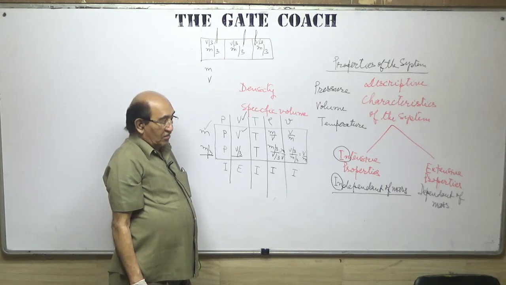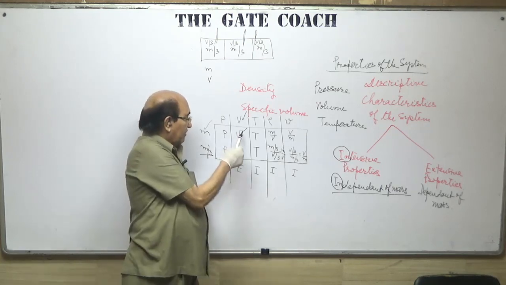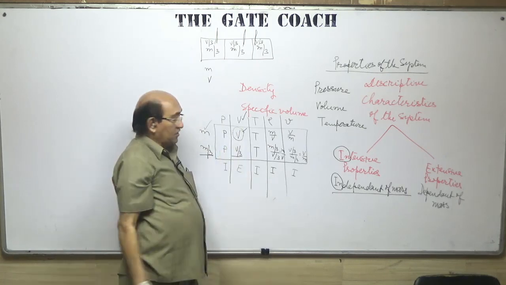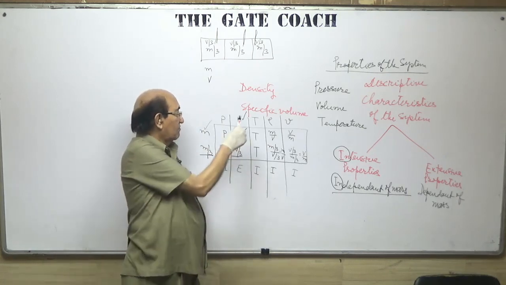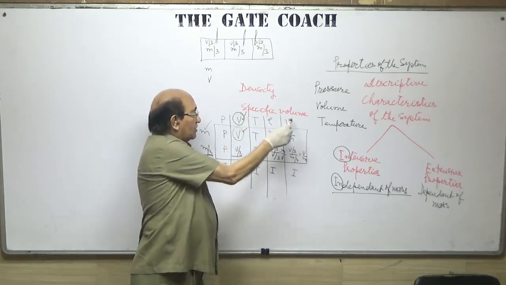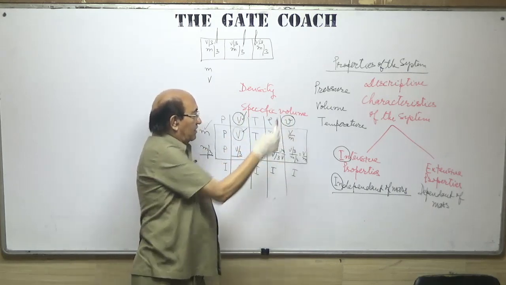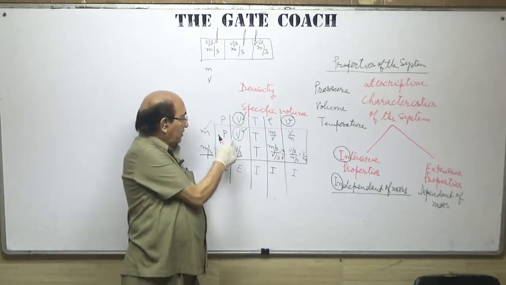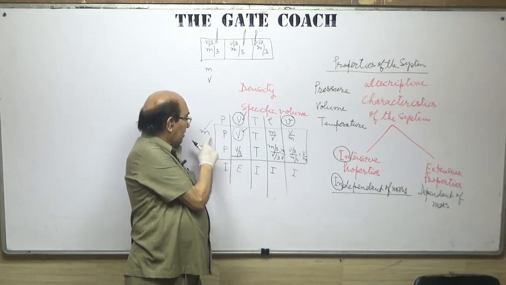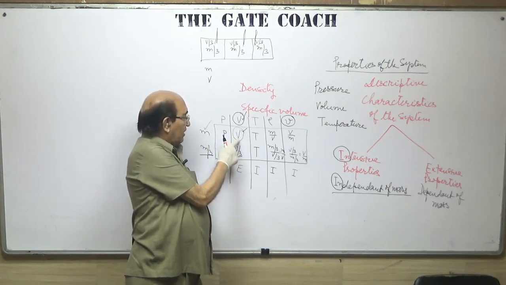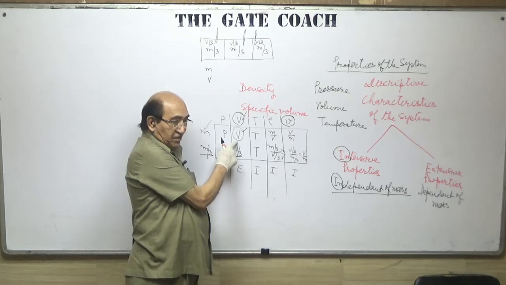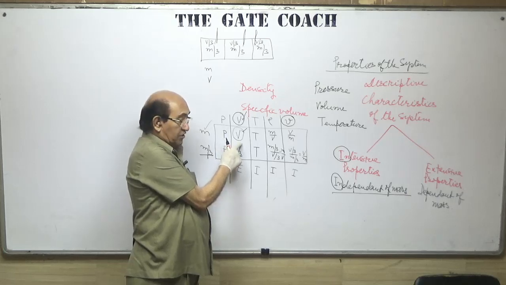Now, something very interesting. This capital V was the total volume. This small v is the specific volume. This volume was depending upon mass, and hence it was, sorry, this was an extensive property because it was depending upon mass.